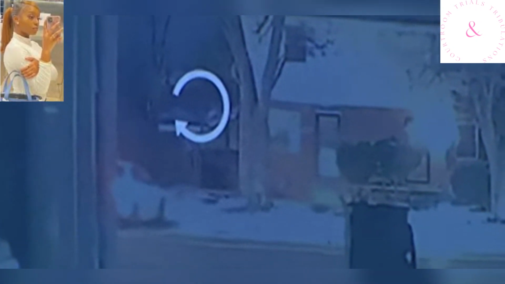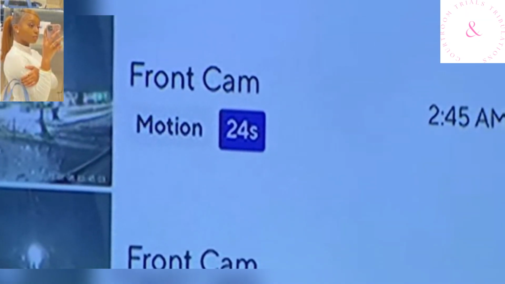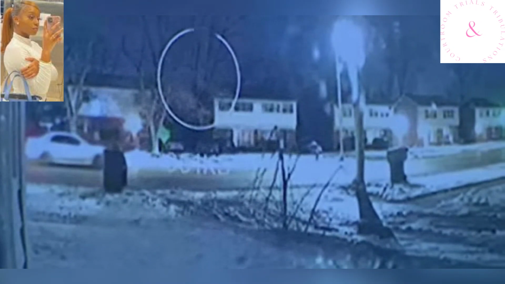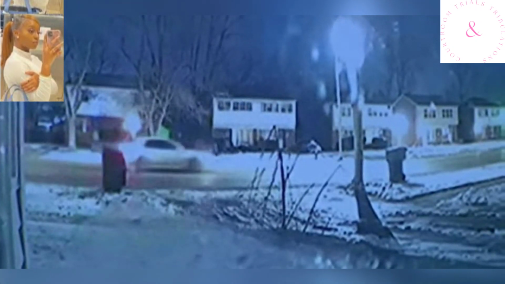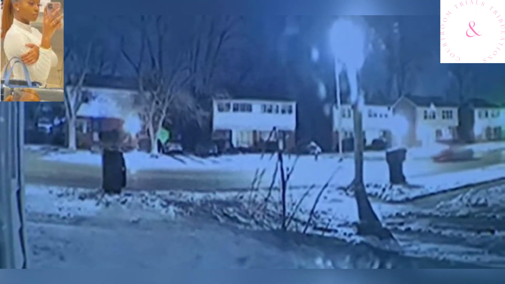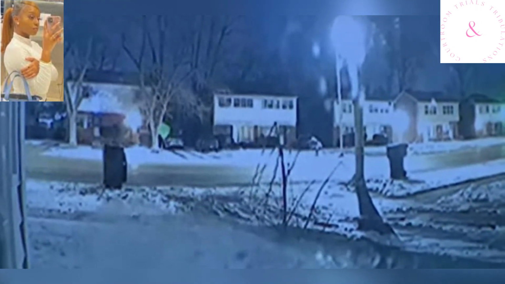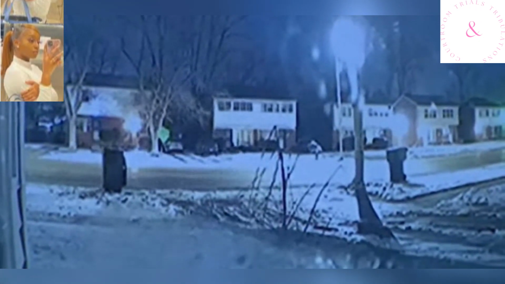Correct. And at that point, the car's backing out, would that be fair to say? Yes. And now at 2:43 a.m., the driveway's empty again, is that correct? That's correct.